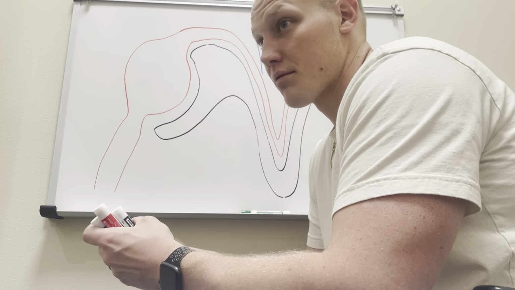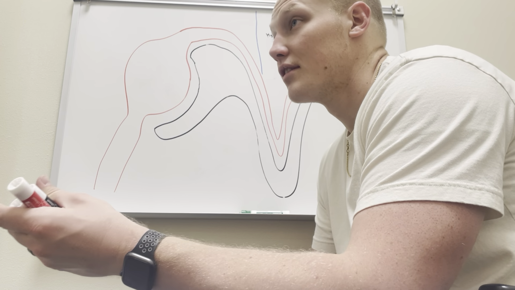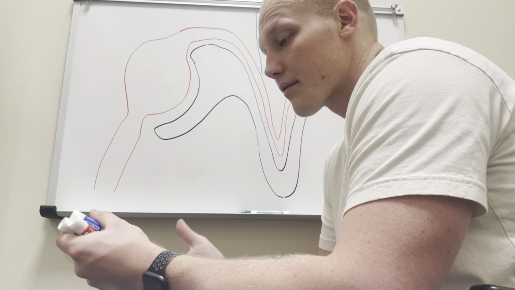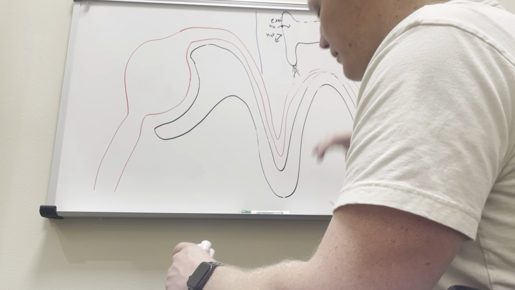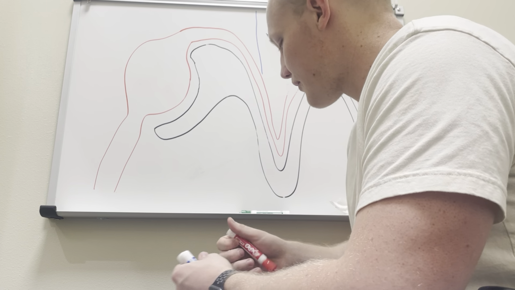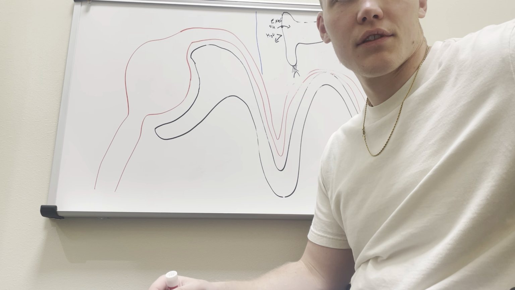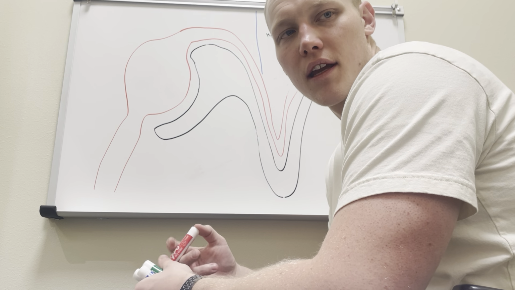And one of them is the RAS system, the renin angiotensin aldosterone system. And so that will release aldosterone. Aldosterone has a big role here. But let's talk about a different hormone that the brain does first, and that is the ADH.